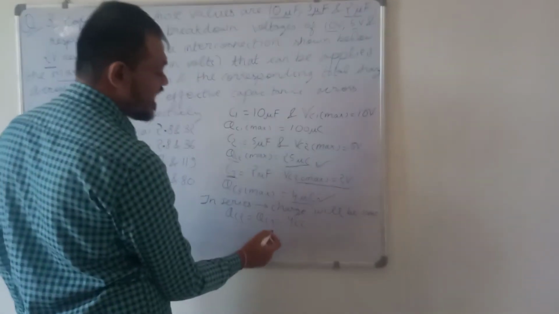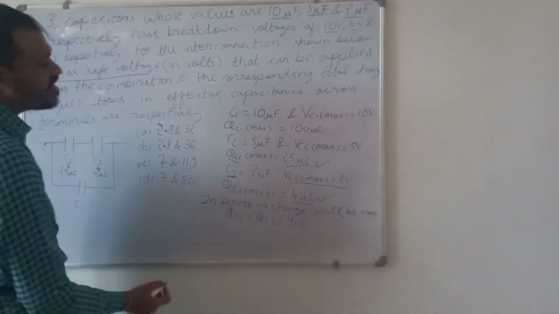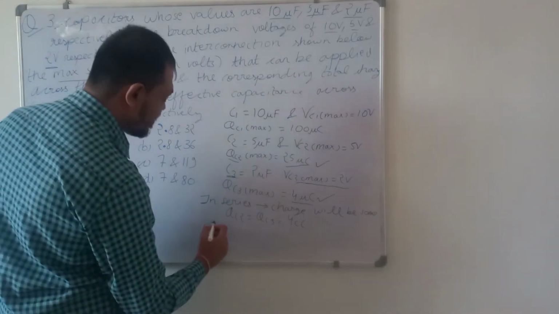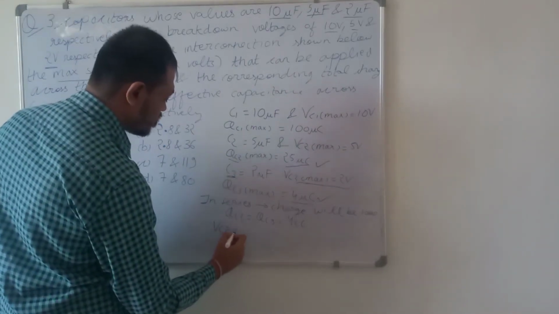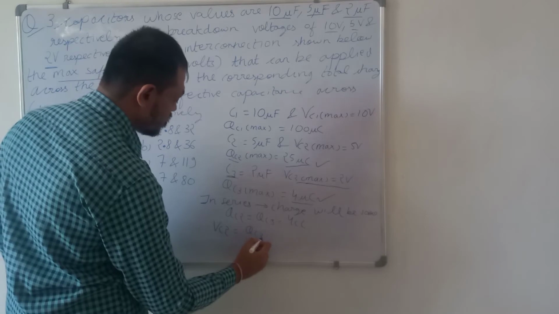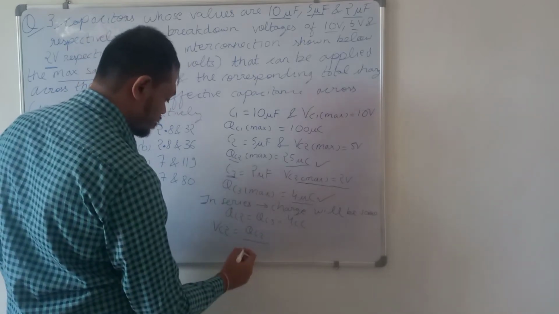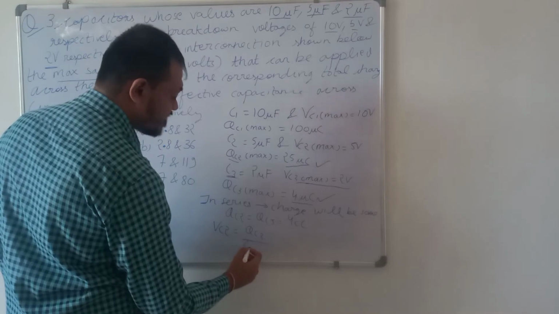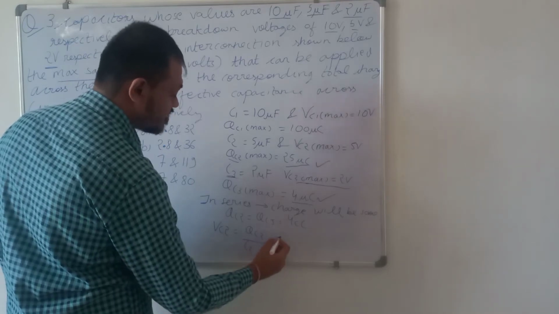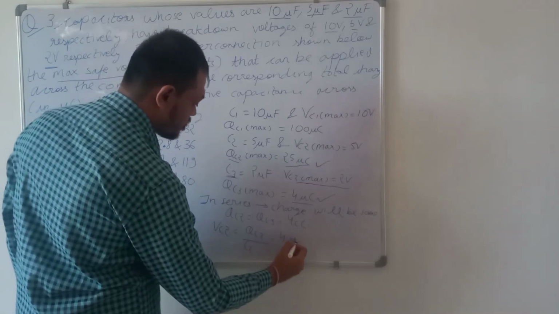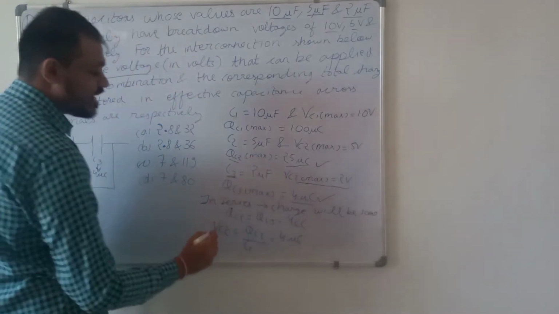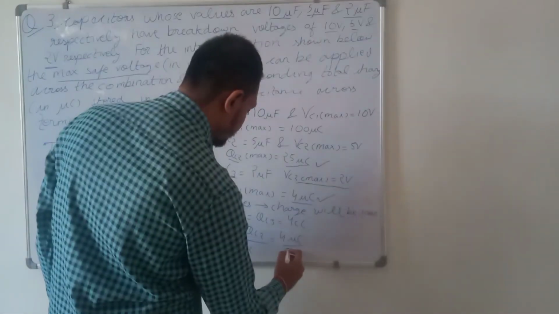Now we have QC2, so we have to find VC2. VC2 will be equal to QC2 upon capacitance C2. This is 4 microcoulomb and the capacitance value is 5 microfarad.